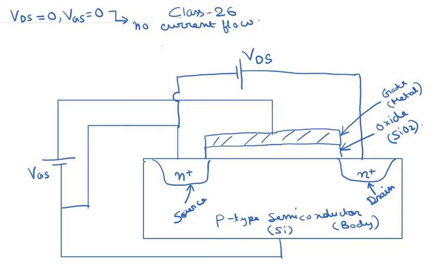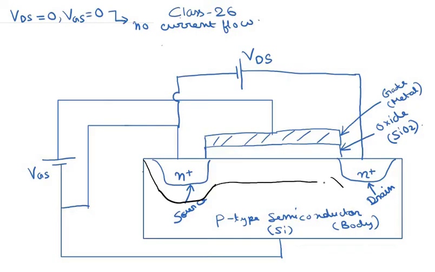So initially when VGS is increased, a depletion layer is created near the surface. So we get a depletion layer here, and the width of the depletion layer basically increases with increasing VGS, because the more the value of VGS, the more the amount of exposed charge, because a higher voltage creates a higher electric field at the surface, and a higher electric field would repel away more holes.